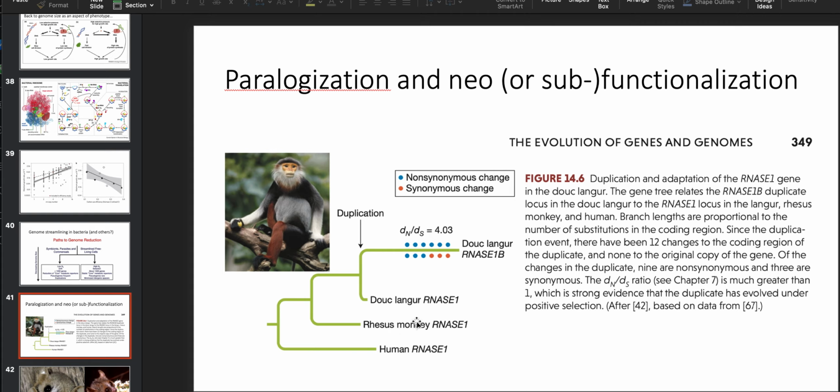But the genes that were duplicated in the langur, I don't know that monkey, enable them to metabolize some bacterial byproducts, or to take advantage of almost a cow-style fermentation in their guts that other monkeys and apes can't do.